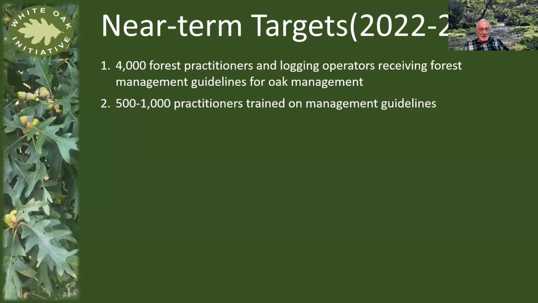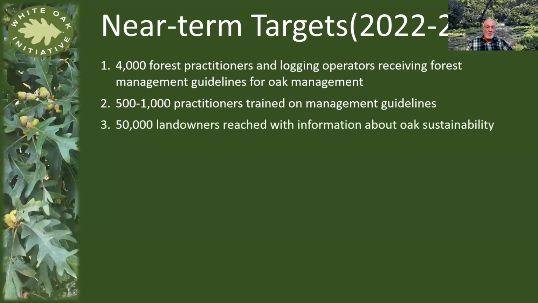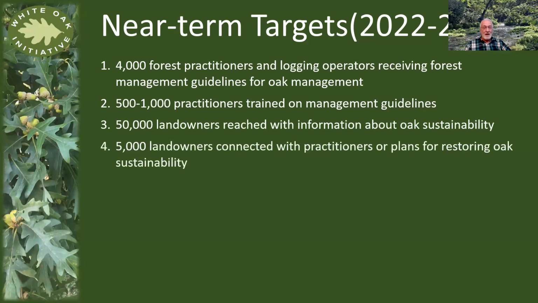So it's one thing to be aware, but then get them to be properly trained. We would have 50,000 landowners reached with information about oak sustainability, much like what you're getting in this webinar series. And from that 50,000, 5,000 landowners connected with practitioners and have plans for restoring oaks on their property.